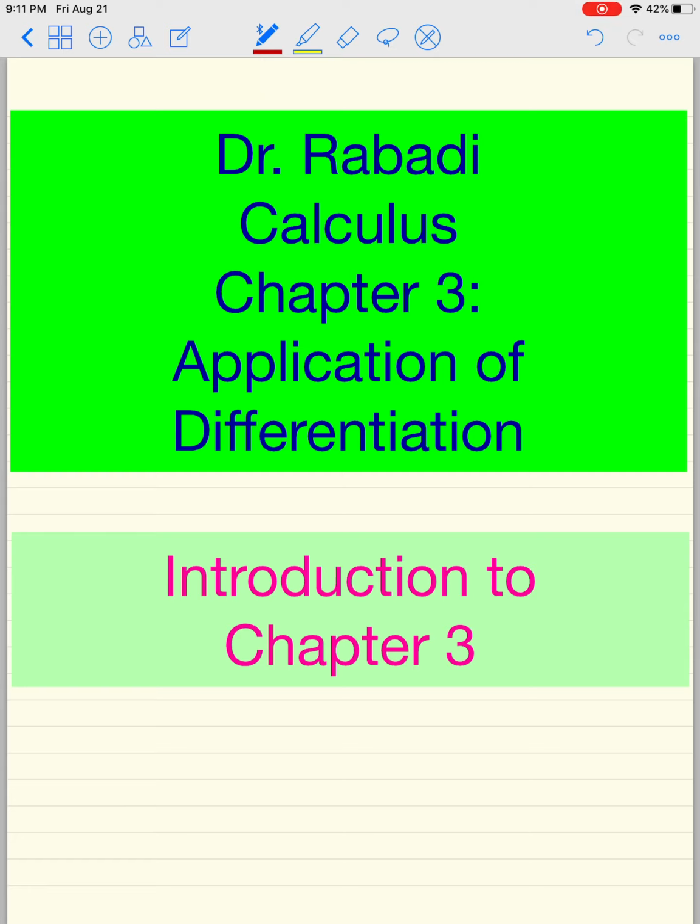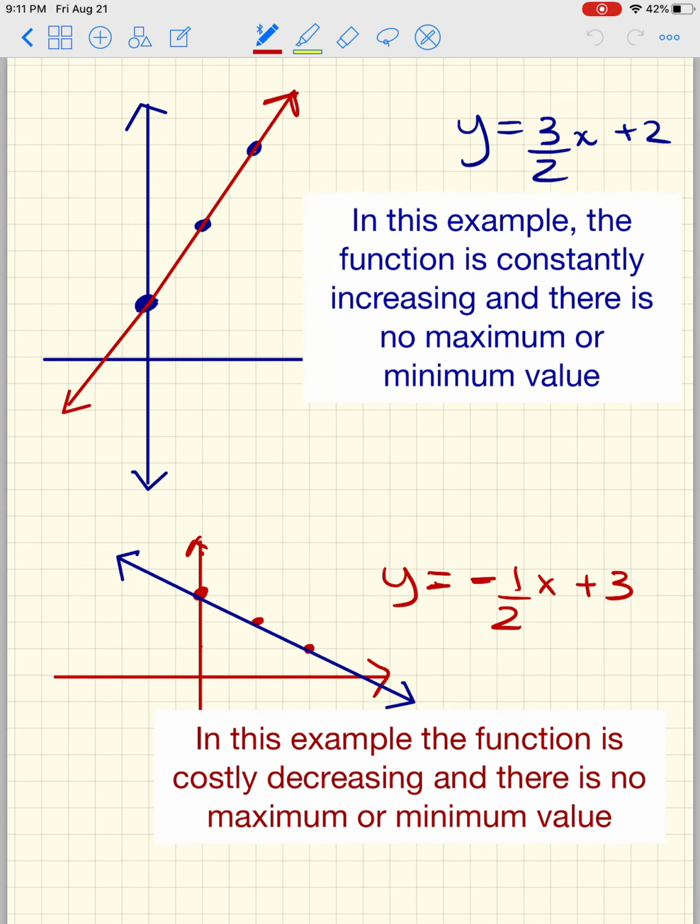So I was thinking really hard about how to introduce this chapter, and I think I have a really nice way of showing you what this chapter is about, okay? This chapter is about increasing functions and decreasing functions and on what intervals they are increasing and decreasing. And are there any maximum values or minimum values?